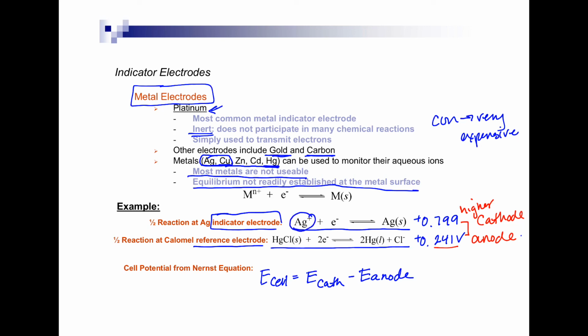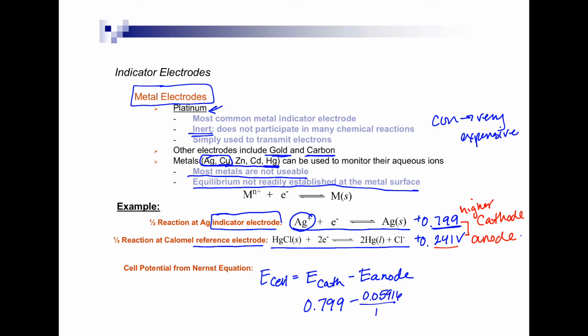So what's happening at the cathode is it's going to detect basically a presence of silver ions. And so we need to set this up so that we're using the voltage of the redox of the silver, but we also need to take into consideration the concentration difference.